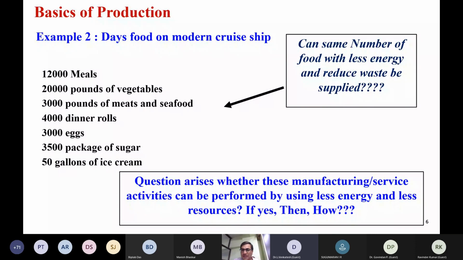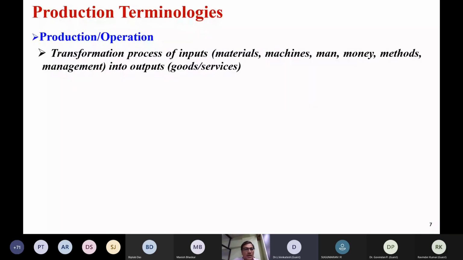Moving further, with the help of a beautiful example, I tried to explain the need for green manufacturing. Then moving further, production terminologies, not technologies, terminologies, which are known to everyone. Transformation process of inputs, that means materials, machines, man, money, methods, into outputs. Outputs can be goods and services.